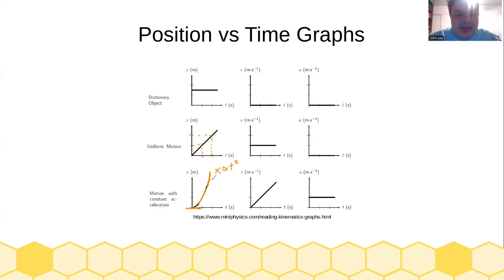So it starts out with zero slope, it gains a higher slope, and then it gains an even higher slope as velocity is increasing. And this is the meaning of acceleration. Velocity increases, which means that the amount of position that is covered over time increases as time goes on.